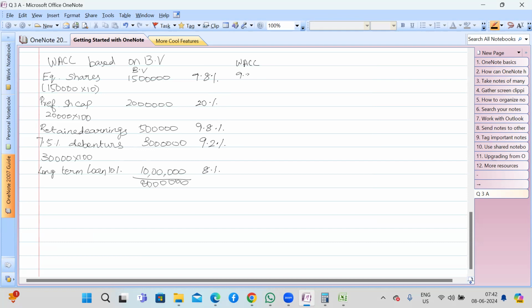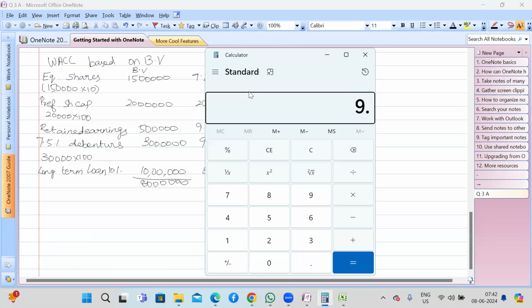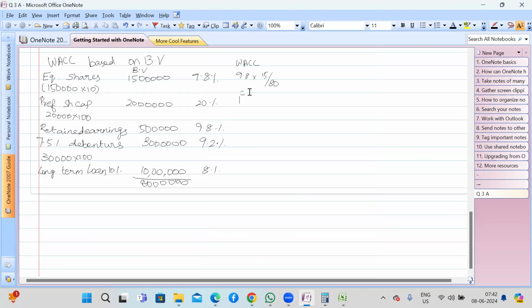Based on 9.8 into 15 divided by 80 lakhs, I am multiplying with the weightage straight away, so 1.8375.